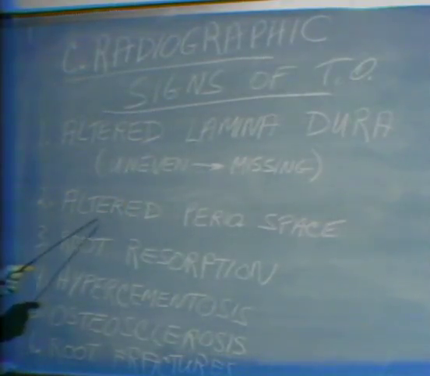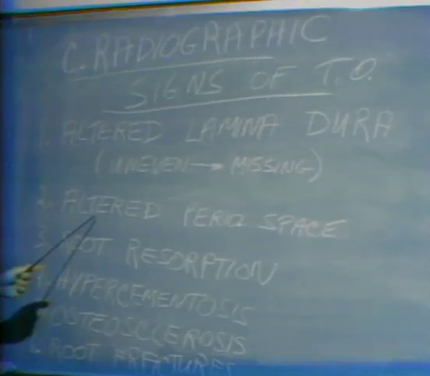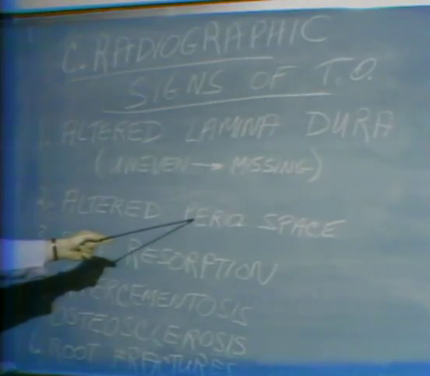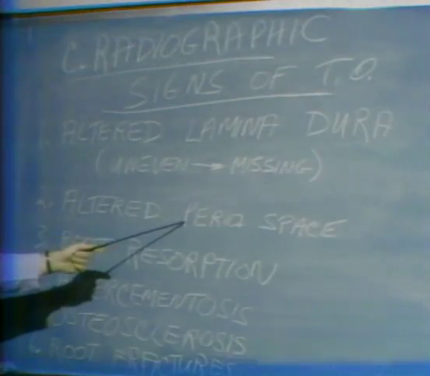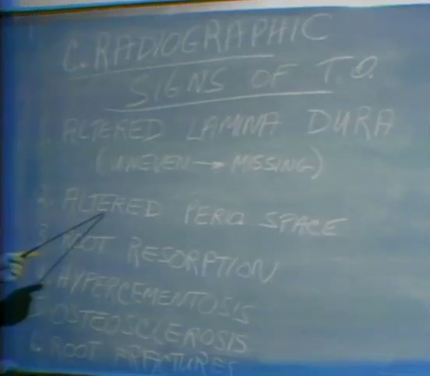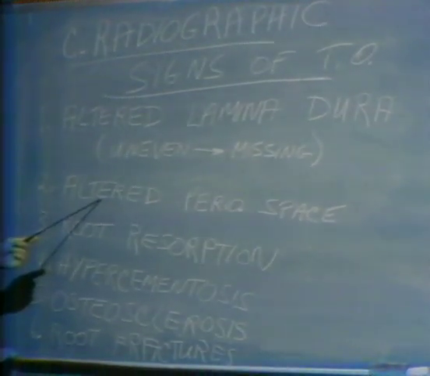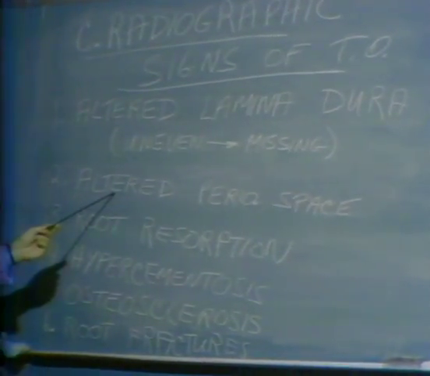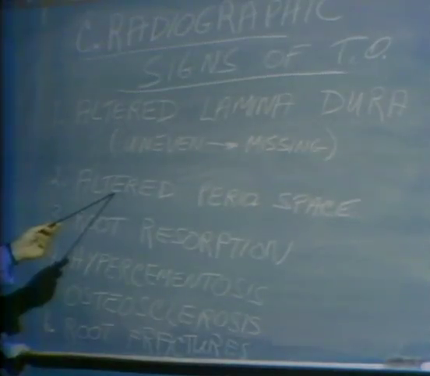Number 2, you'll usually note an alteration in the periodontal space, the little space between the root of the tooth and the lamina dura. A tooth in normal function has a rather characteristic width to it, and this is gone into in greater detail in the textbook on this particular subject.